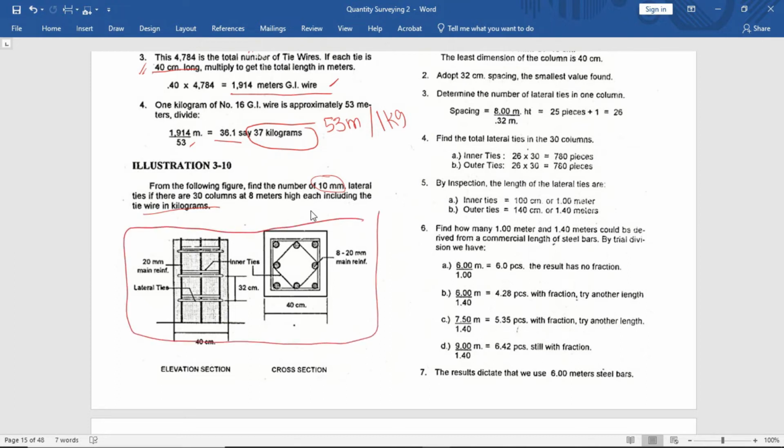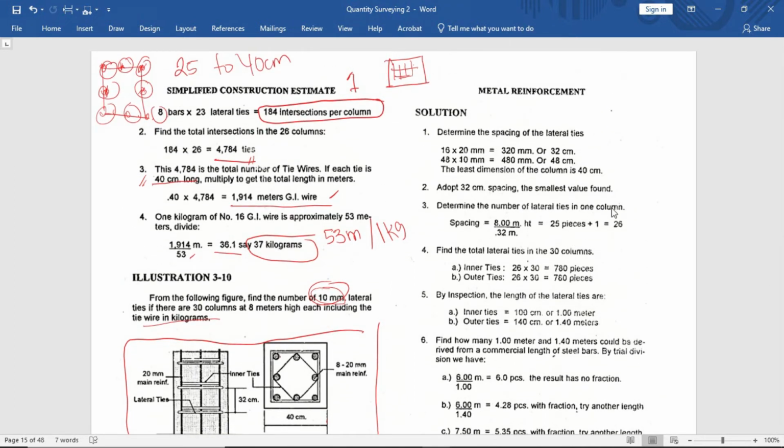Yan. So, tingnan muna natin. So, there are 8 main bars. 1, 2, 3, 4, 5, 6, 7, 8. May 8 main bars tayo. So, ang ginamit na lateral ties is 10 base dito, tapos 40 by 40 centimeters.